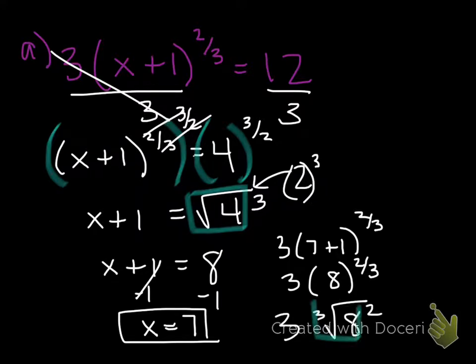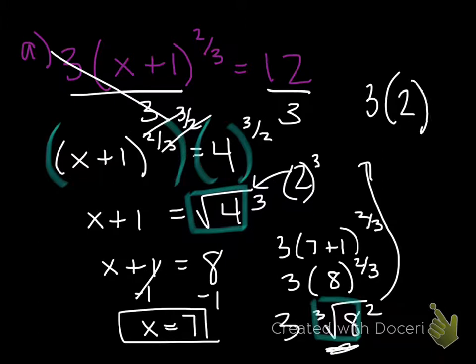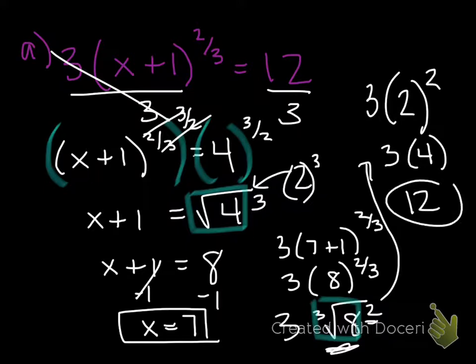The cube root of 8 is equal to 2. I'm coming up here because I'm running out of room. So that becomes 2, but the squared will stay. We do exponents first, so 2 squared is 4. 3 times 4 is 12, and that checks out because that is what I needed it to equal.